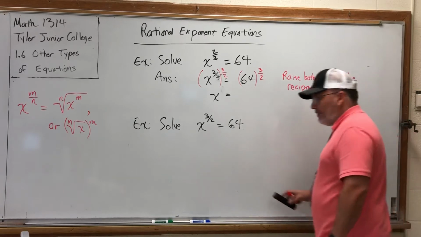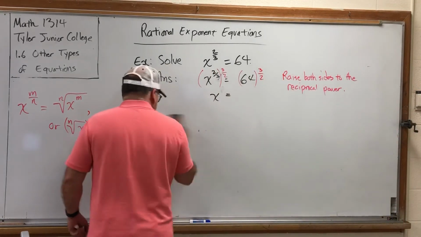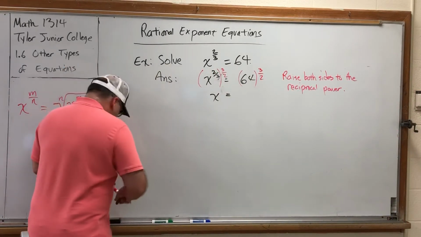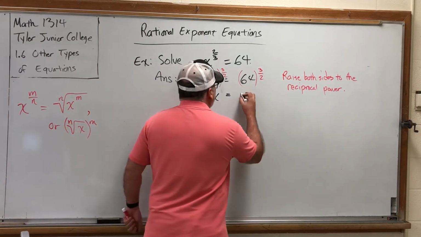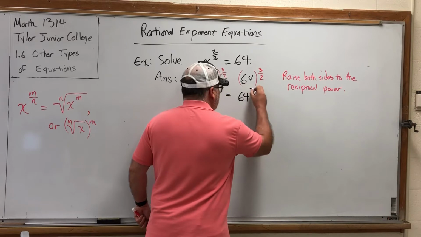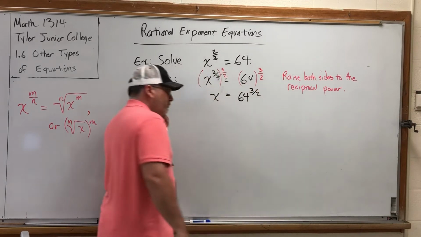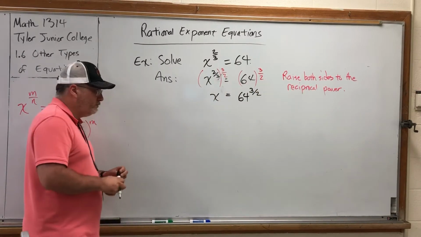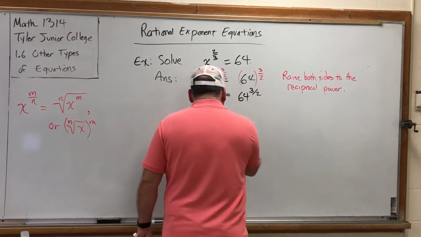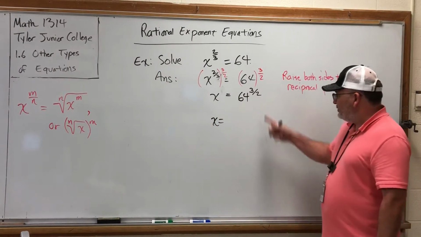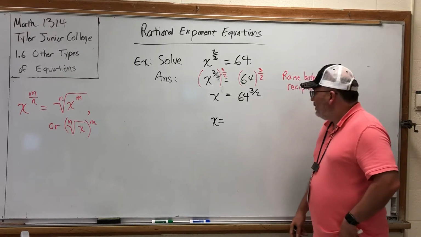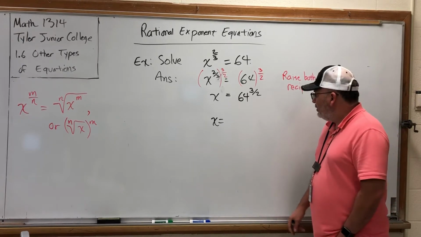We'll bring this problem back in just a minute. So, x is 64 to the 3/2 power. But what does that equal? Well, according to our rule, the denominator, 2, means that we would take a square root.